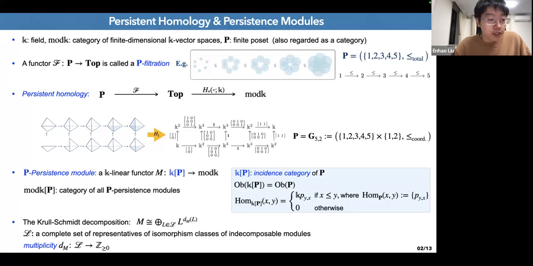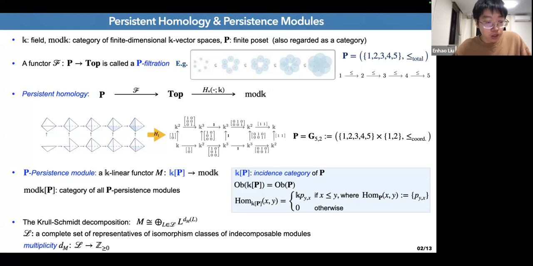We denote by mod KP the category of all P persistent modules. It is known that because our poset is finite and the vector spaces are finite dimensional, we have a very nice decomposition theorem called the Krull-Schmidt theorem. Each persistent module M can be decomposed uniquely into indecomposables, up to isomorphisms and permutations of order.